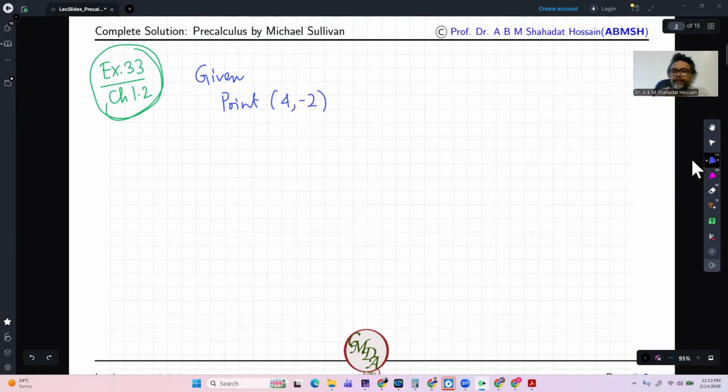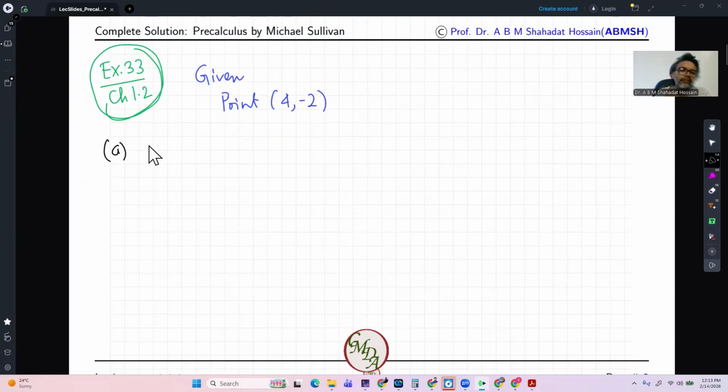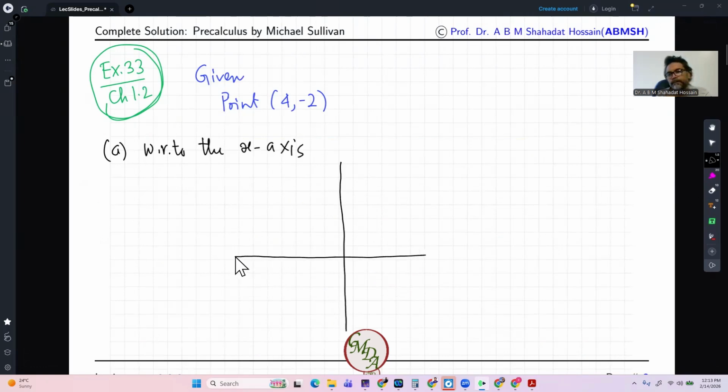Plotting 4, minus 2: 1, 2, 3, 4 along x and 1, 2 down.